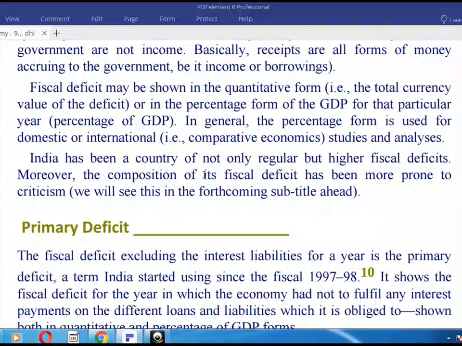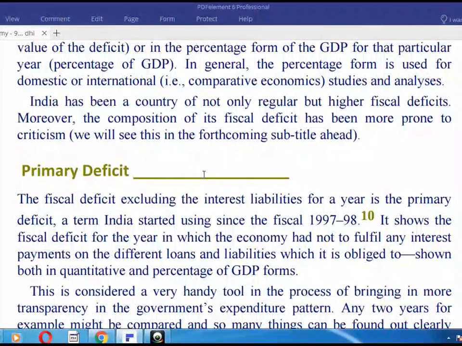India has been a country of not only regular but higher fiscal deficits. Moreover, the composition of its fiscal deficit has been more prone to criticism. We will see this in the forthcoming subtitle ahead.